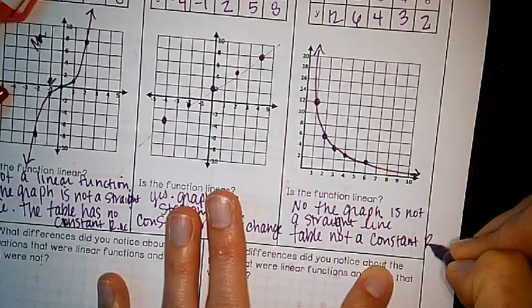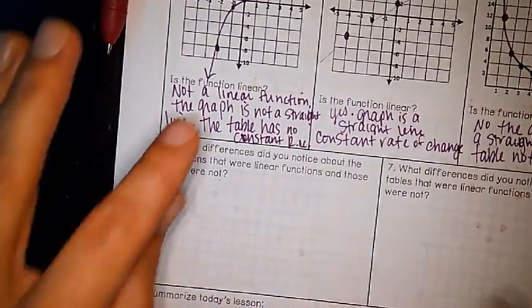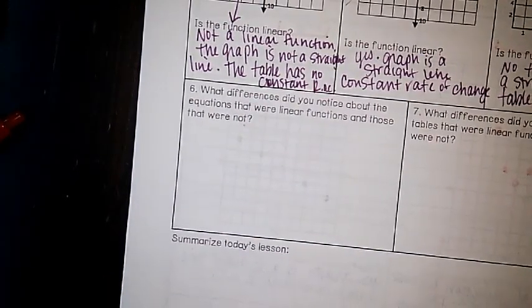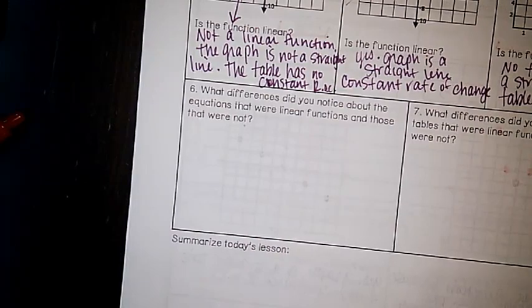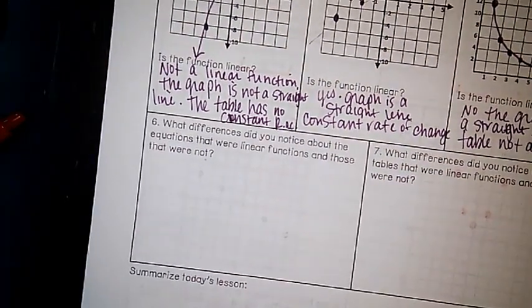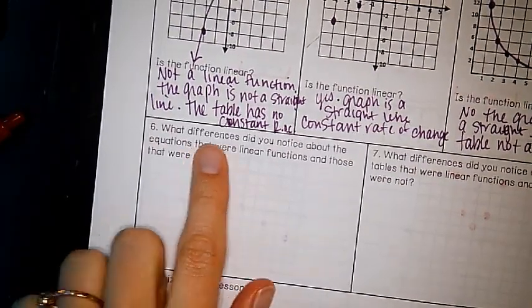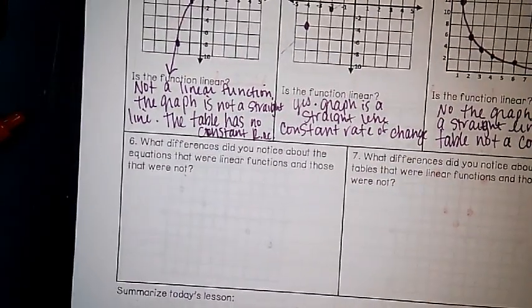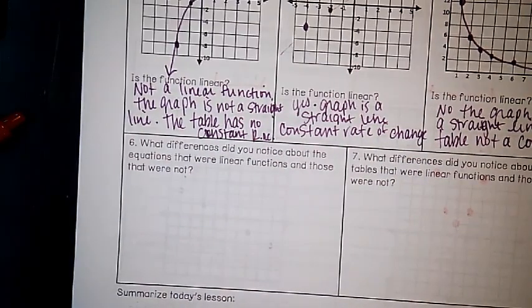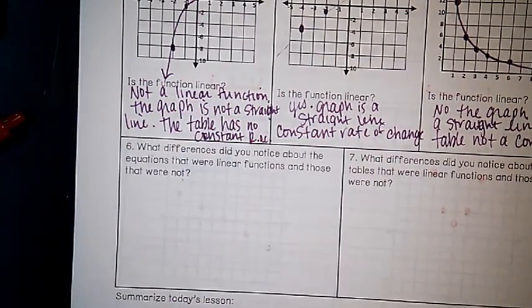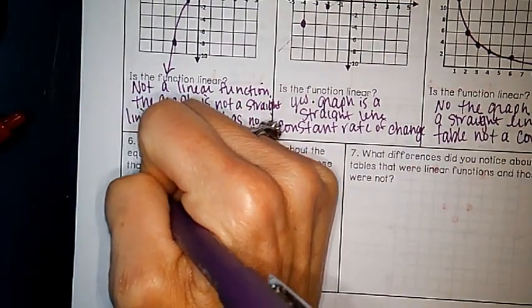Okay, what differences did you notice about the equations that were linear functions and those that were not? Linear functions are straight and non-linear functions are not. We're talking about the equations. What did you notice about the equations that were linear and the ones that were not? Can we go a little bit deeper than that, though?